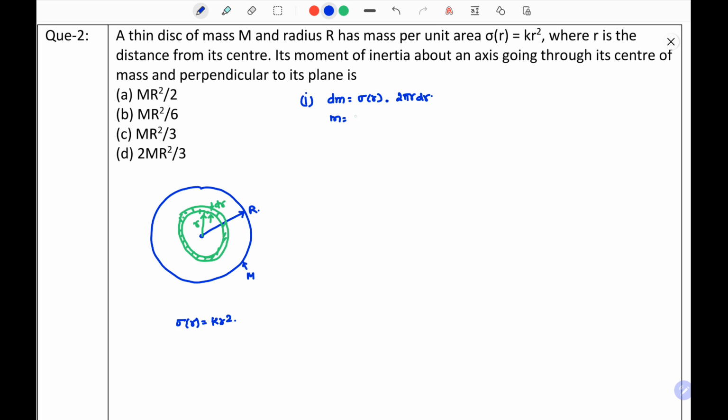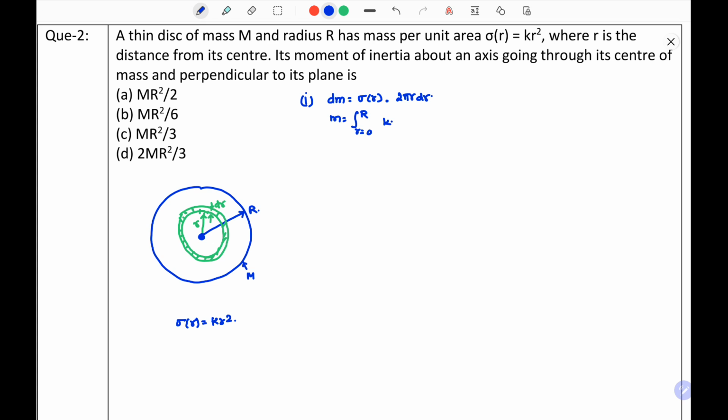So mass will be equal to the integral r equal to 0 to capital R. That means we will take the first ring at r equal to 0, that is at the center, and then go to the outer circumference. And this will be sigma r.